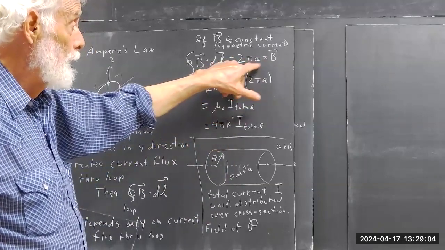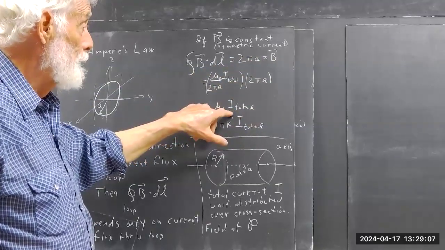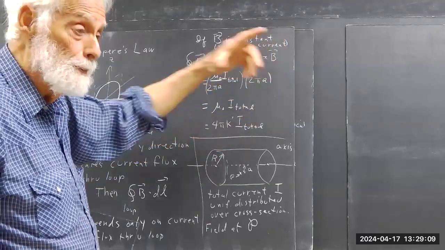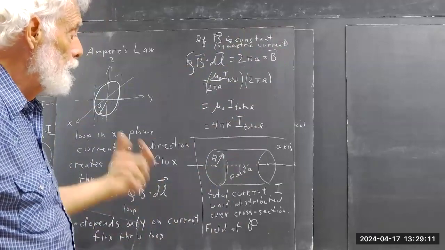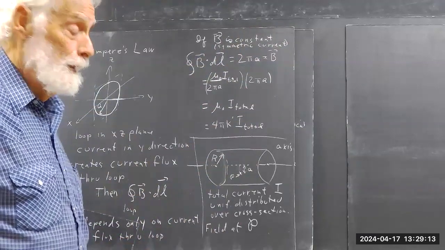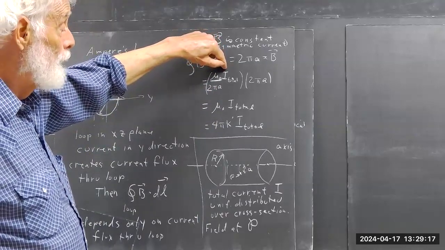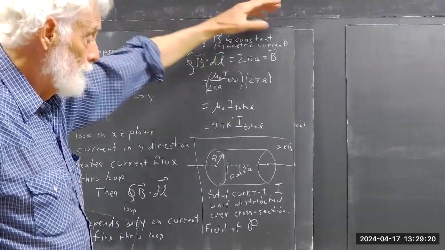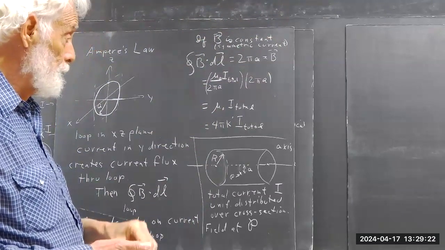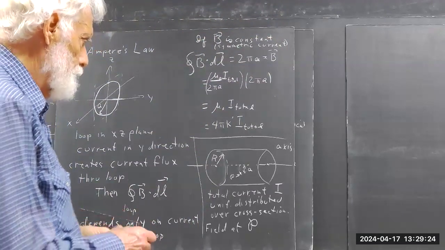And if you know the current, it's very easy to find B. So all we have to do is figure out where the loop is and then figure out what total current flows through the loop in a case where the current is symmetric. I wasn't specific about symmetry, but we'll get to that in a second.